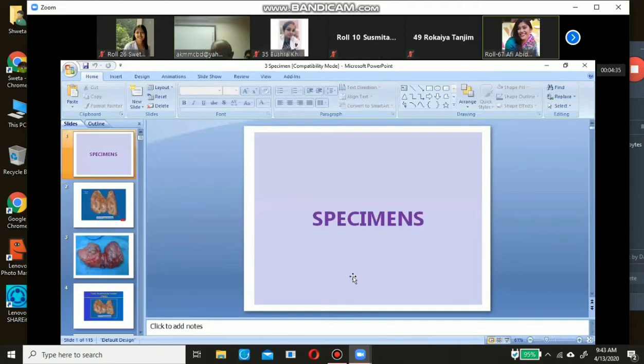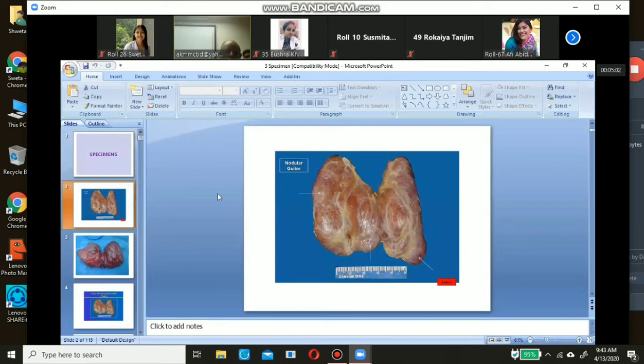Now come to the diagnosis. There are many diagnoses in any organ, but for your examination, if you can identify it is a thyroid, it is almost sure that the specimen is of multinodular goiter. In your examination, I have not yet seen other than multinodular goiter.